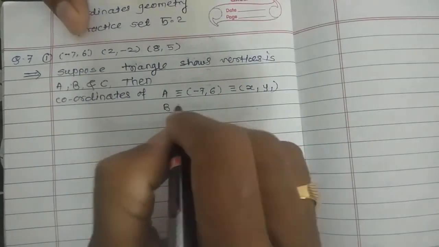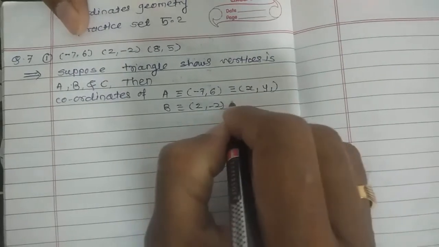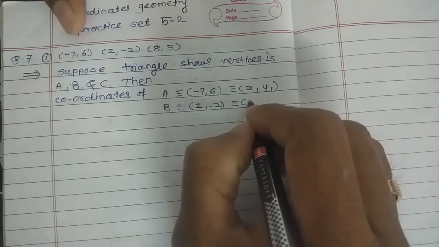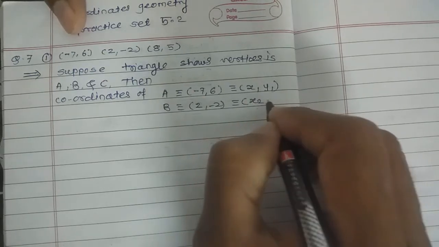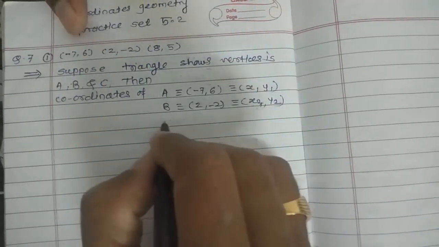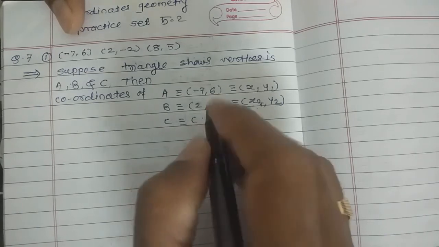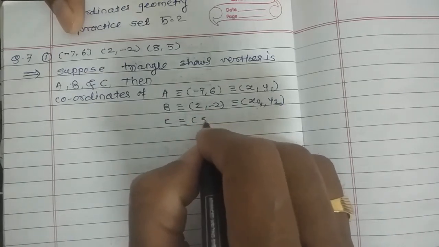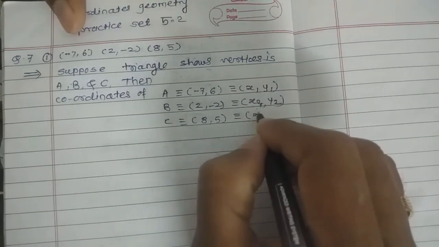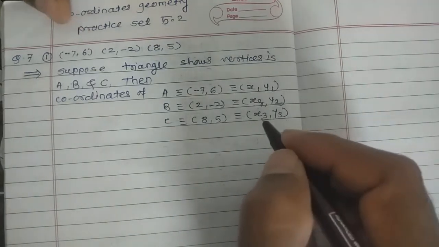Then the coordinates of B are 2, -2, let them be x2, y2, and the coordinates of C are 8, 5, which are x3, y3.